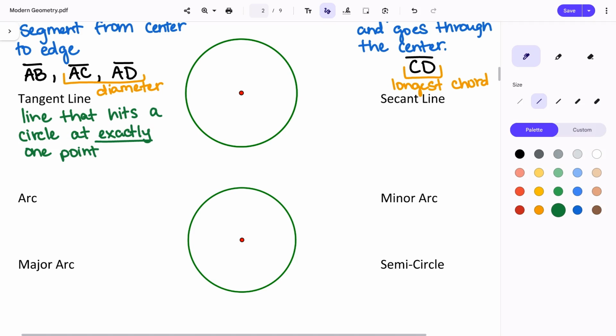When you draw in a tangent, in order for it to only hit a circle at one point, where do you think it needs to be? On the outside. It can't go through the circle.